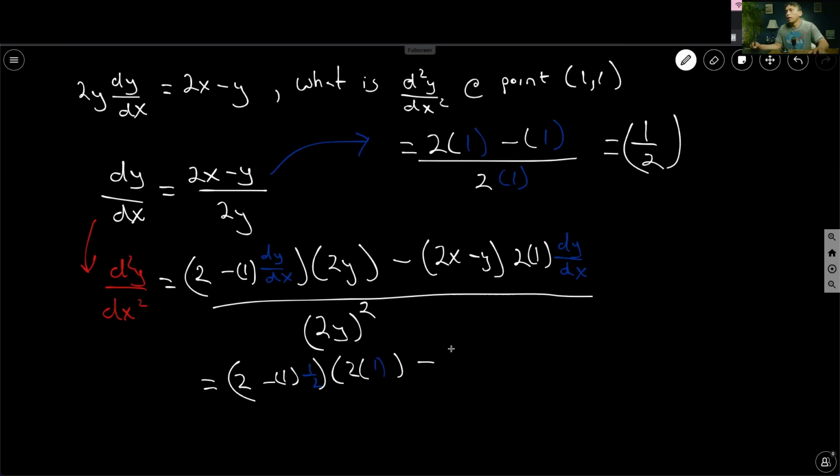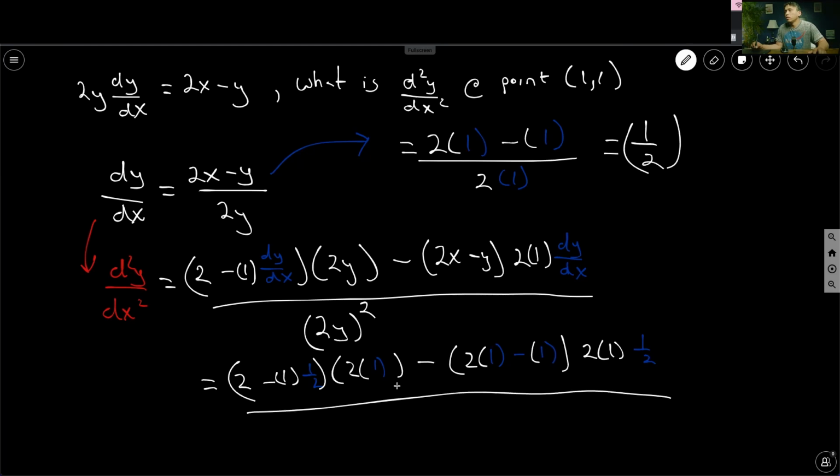And then subtract that, 2 times x is just 1, minus y is just 1, times 2 times 1 times 1/2. And then all of that over 2 times 1 and all of that squared.